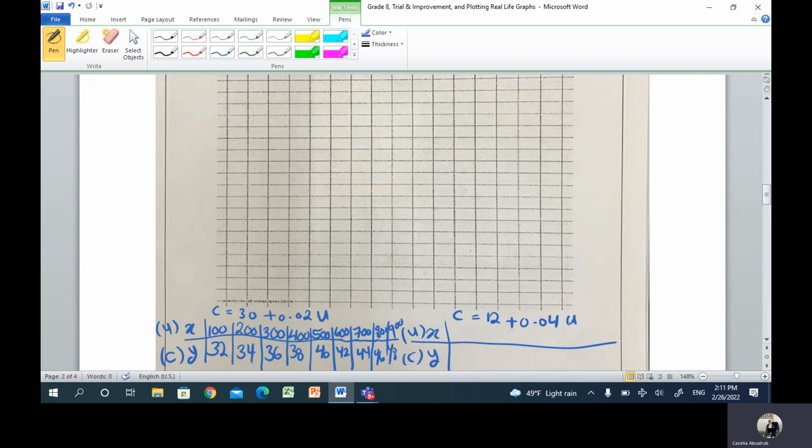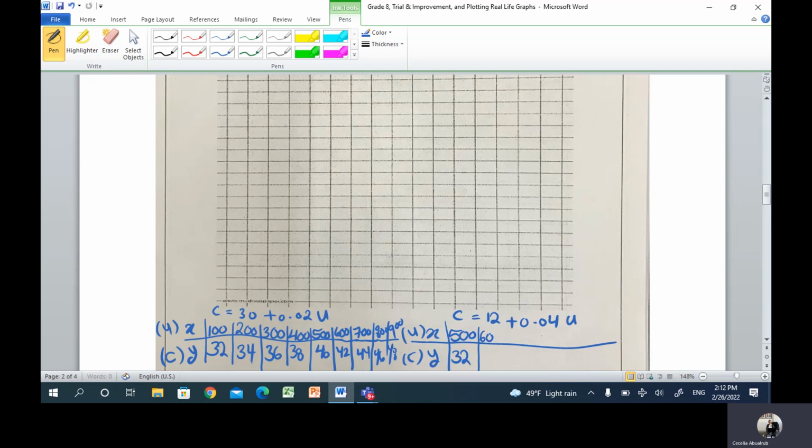Like I said, always think of choosing X smartly, which is U in this case. I need to get rid of the decimal because it is always easier for me to plot whole numbers on a line graph rather than plotting decimals. So if I choose to start with U as 500, you're going to say 12 plus 0.04 times 500, and you're going to end up here with $32.